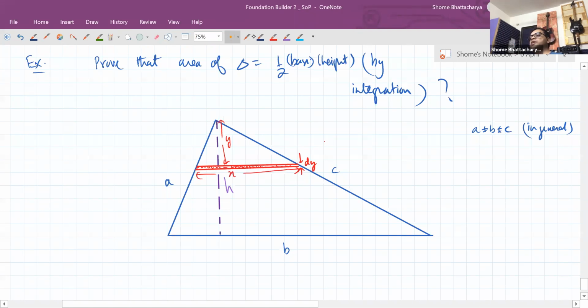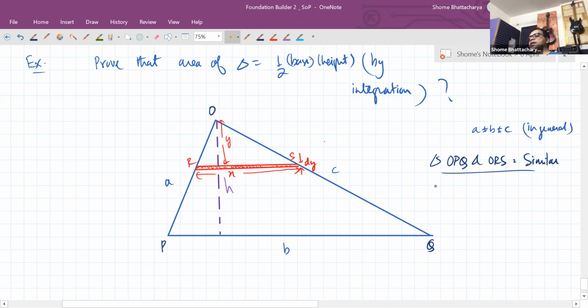If I consider this triangle to be OPQ and this triangle to be, let's say, ORS, you see that triangles OPQ and ORS are similar triangles.